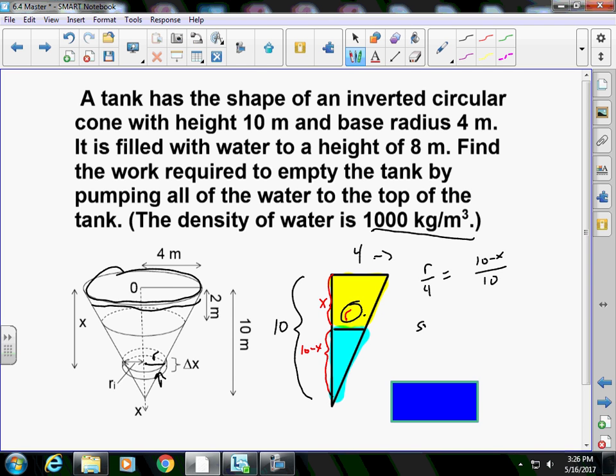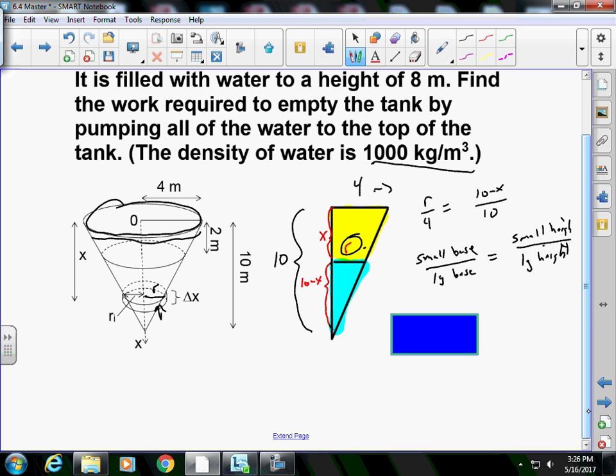This is small base over large base equals small height over large height. I'm just setting up a ratio. But this allows me to get r in terms of x. After I do all the manipulation, I find that r is equal to 2/5 times 10 minus x.